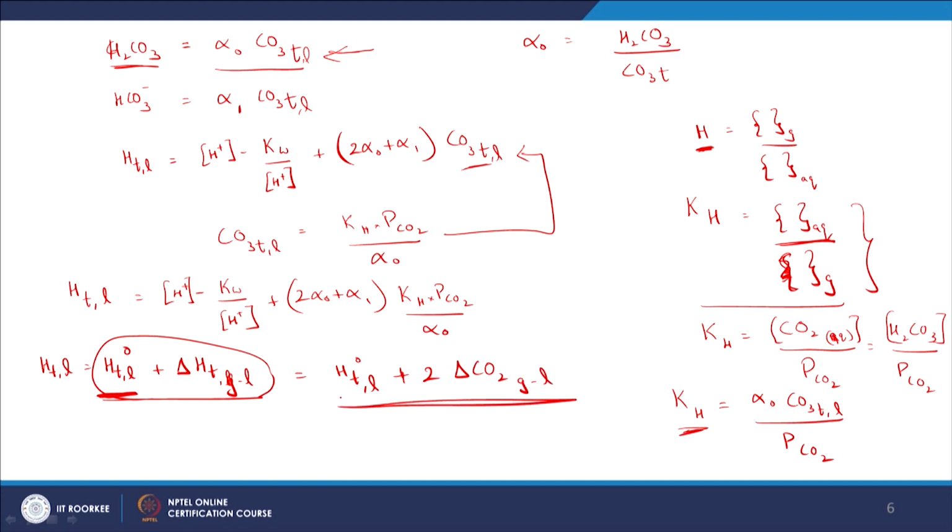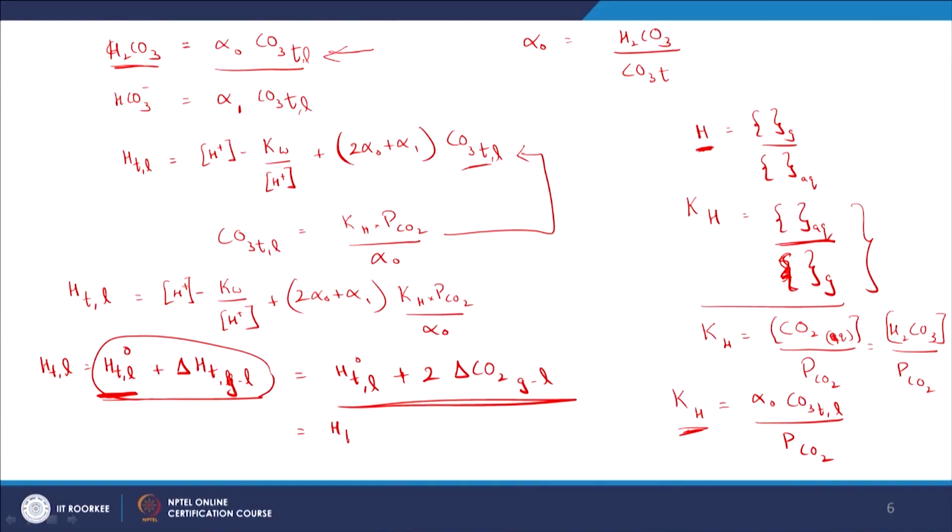We saw that for every mole of CO2, or for one species of CO2 that is going to change from gas to liquid, we have a component of H plus 2 change, I guess, right. So that is what we have here, and then we are going to express in terms that we know, that is again going to be H total in the liquid plus 2 times delta CO3 total gas to liquid, right.